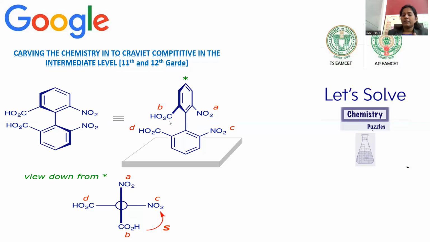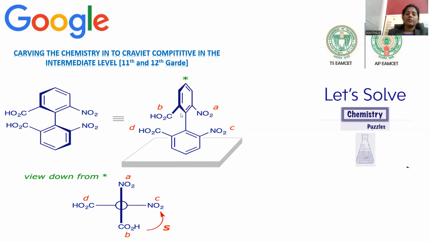Carbon is of atomic number 6, nitrogen is of atomic number 7. Obviously, higher priority goes to nitro, so it becomes A, and COOH will become B, that is because of the atomic number of nitrogen, and this carboxylic acid will become D. In the same case, in the second compound also, higher priority you have to give numbering C, that is NO2 again, and carboxylic acid again D.